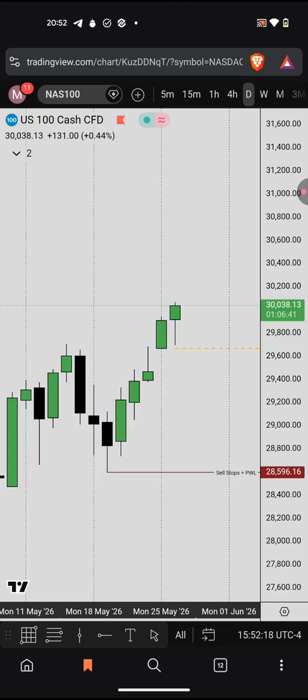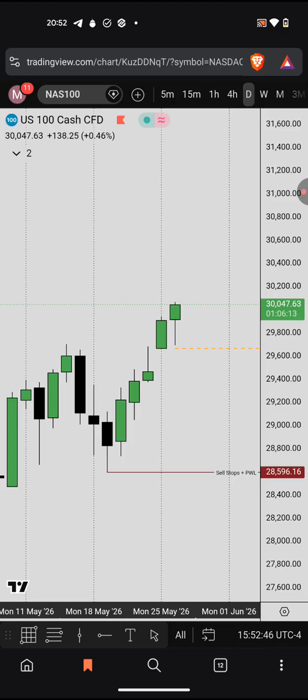Market structure break is a long time break in the market, which will cause a reversal. But market structure shift is just a run on liquidity. You understand that the market is shifting from bearish to bullish when the market is bearish, or you say the market is shifting from bullish to bearish when the market is bullish, because that's the intended movement that is supposed to be on the candle.